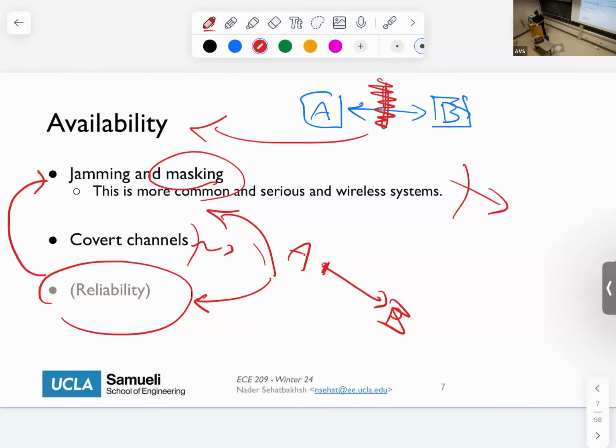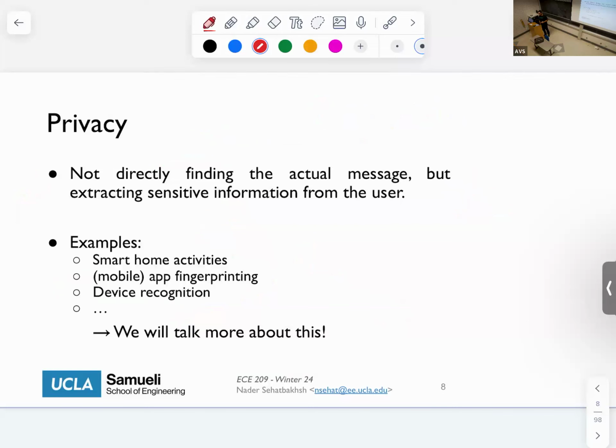Okay, just remember that. And then there is the problem of privacy. This is one of the things that we're going to discuss. We're going to actually discuss it more next week. And this is not directly the classic CIA. Here, the idea is that I cannot really understand the message or the main components that we are trying to protect, but I can extract some metadata, some extra information about the activity that's going on, whether this is a message or usage or things like that, in order to break some other assumptions.